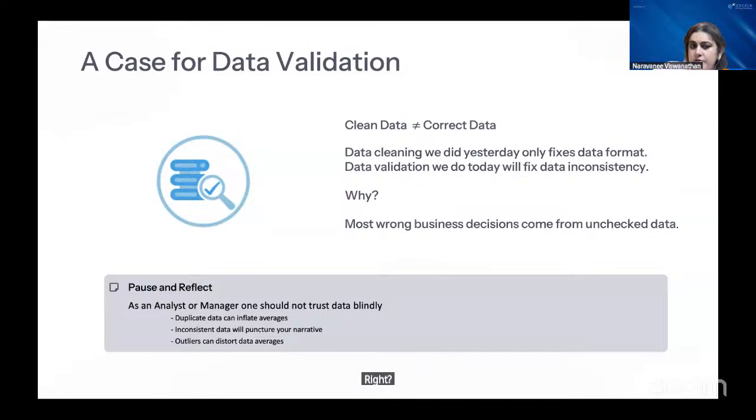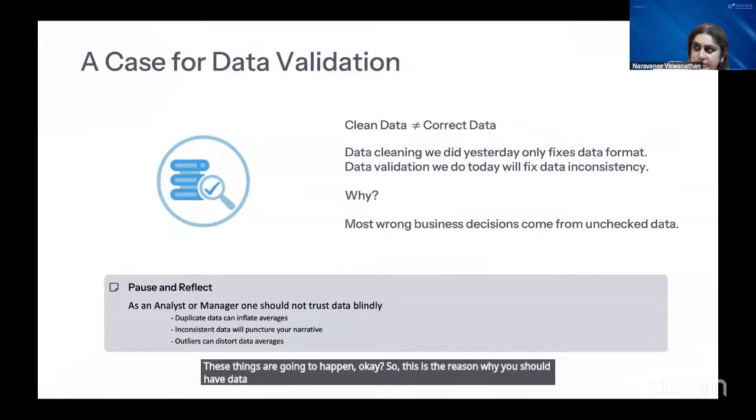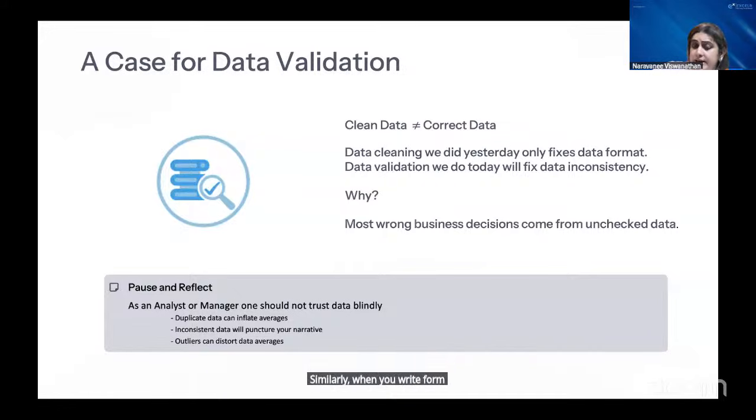So these things are going to happen. This is the reason why you should have data validation. Similarly, when you write formulas in Excel, you might have errors, or you might have NA, correct?